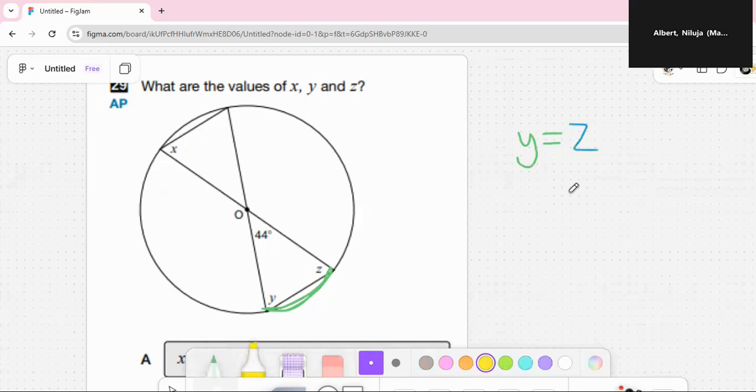Now, if I just focus on this triangle here, I know that a triangle has to add up to 180 degrees.